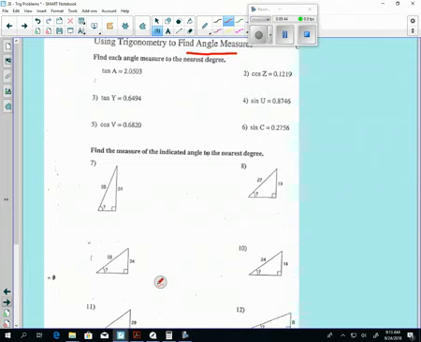So let's just pick out, well, first of all, here it says find the angle measured to the nearest degree. Well, there is my ratio, 2.0503. They want to know what angle that is. So I have to go to my calculator.